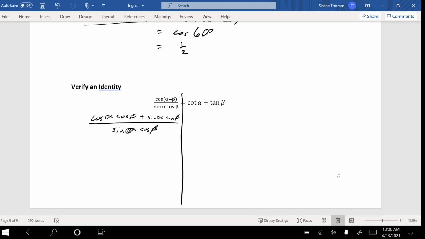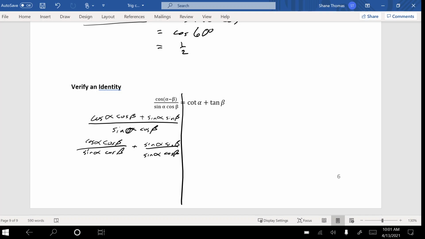All right, so then back to our rules that we're looking at for verifying. If I have a big fraction, probably what I want to do is do what? Split it. So let's split this guy. So I'm looking at cosine alpha cosine of beta over sine alpha cosine of beta plus sine alpha sine beta over sine alpha cosine beta.